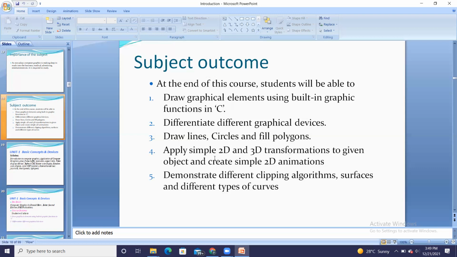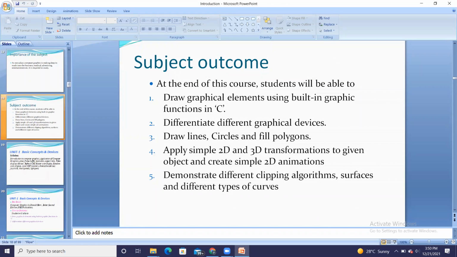Fourth is with respect to 2D and 3D images, we are going to perform the transformations. So different transformations are also applied on 2D and 3D objects. And the last outcome is to demonstrate different clipping algorithms, surfaces, and different types of curves.